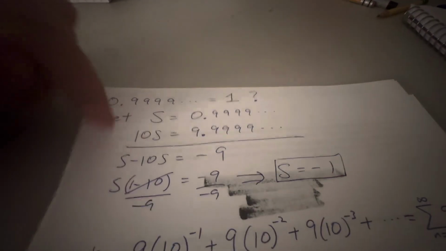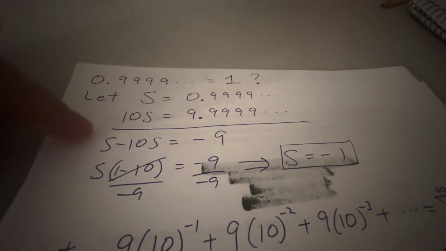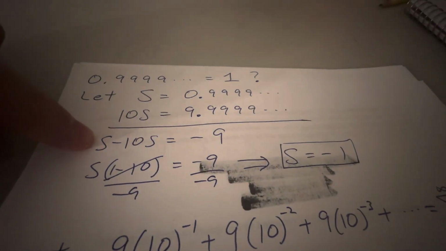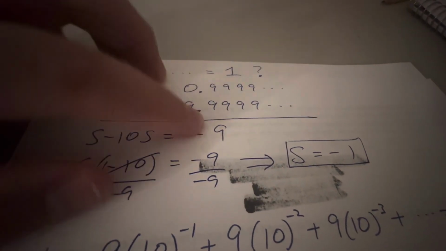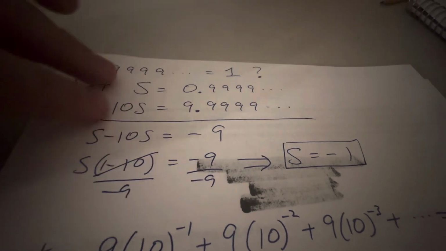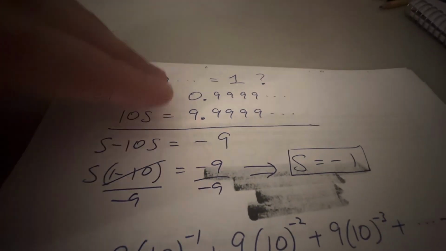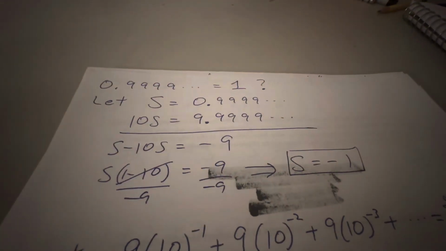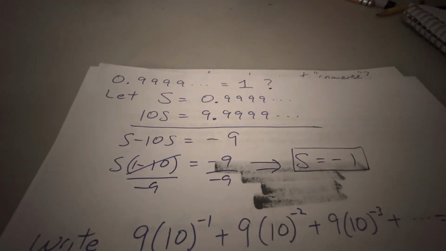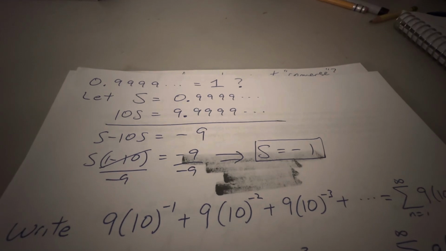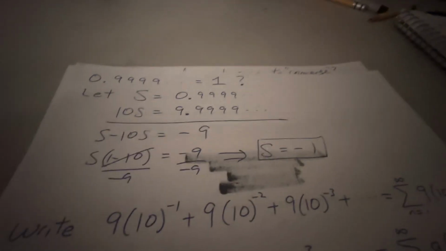And then when you subtract the top from the bottom, you'll have S minus 10S. And then over here, the trailing 9s will disappear, and you'll end up with negative 9 on the bottom. Yes, I could have done it this way instead and gotten positives in the end, but you still end up with the same result. Except here I've written S is equal to negative 1, which makes no sense.